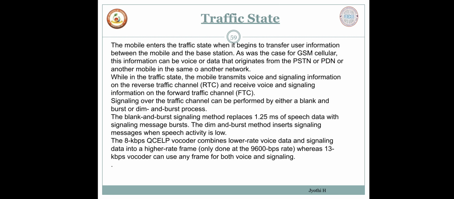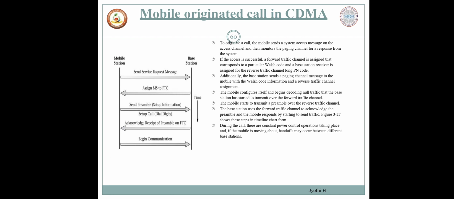The 8 kbps QCELP vocoder combines the lower rate voice data and signaling data into a higher rate frame. This is only done at the 9600 bits per second rate, whereas the 13 kbps vocoder can use any frame for both voice and signaling.